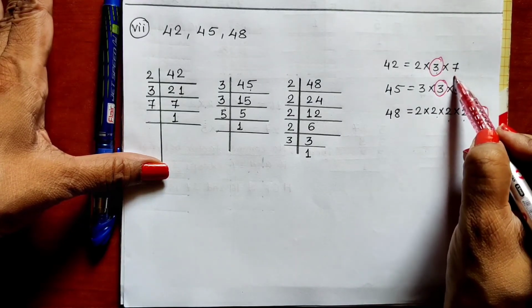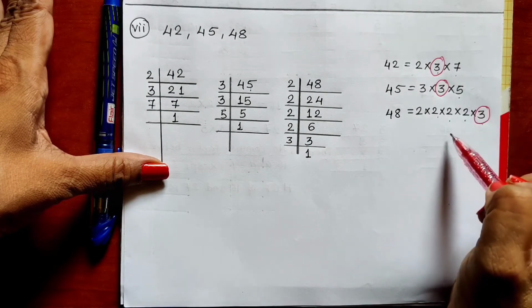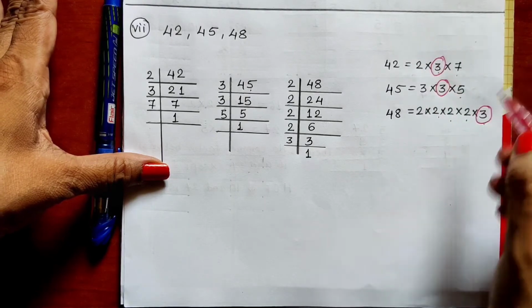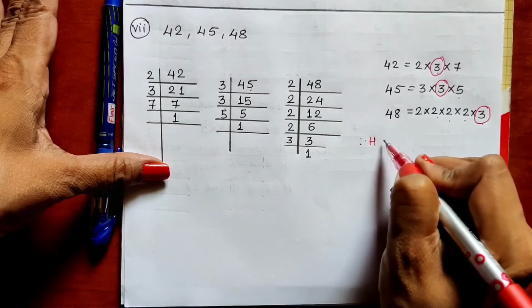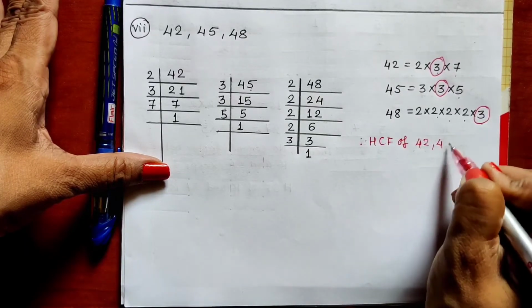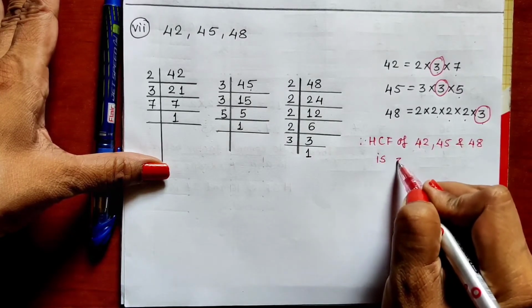Now 7 is there in 42 factors, 5 is there in the 45 factors, and there is no 7 and 5 in 48. So only 3 is the common factor, and therefore HCF of 42, 45 and 48 is 3.